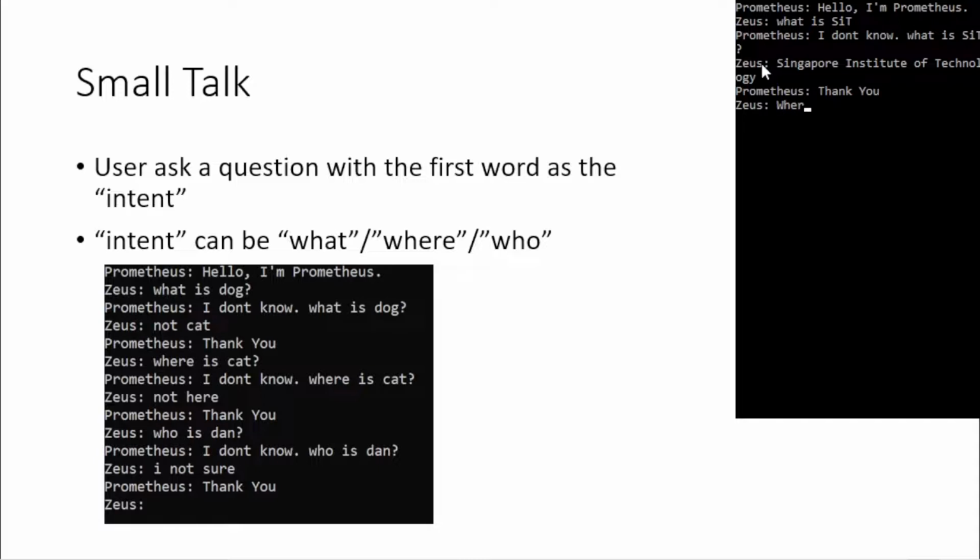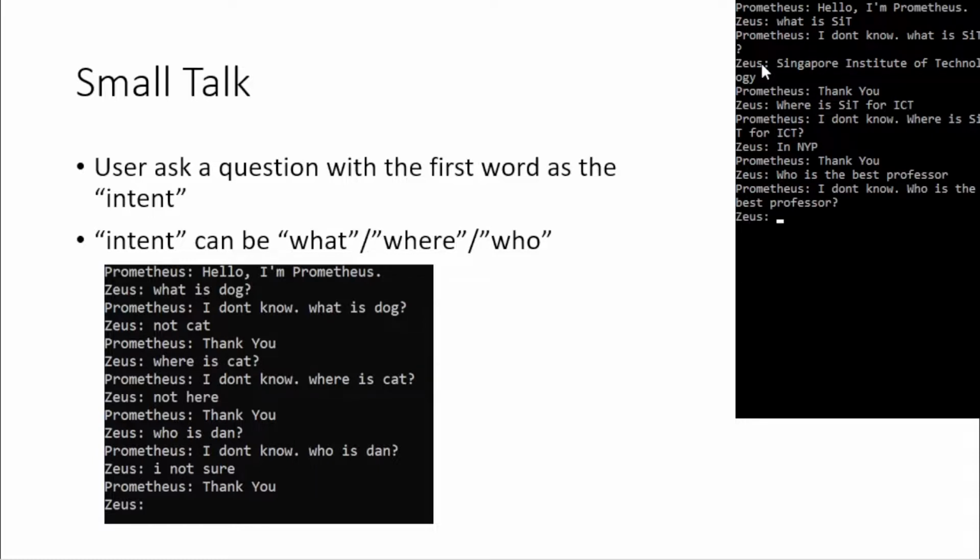Next is where is SIT for ICT, and we can reply with NYP. And who is the best professor, and of course we know who that is, Frank Guan. Well, now we can test if this works. So it should be saved.